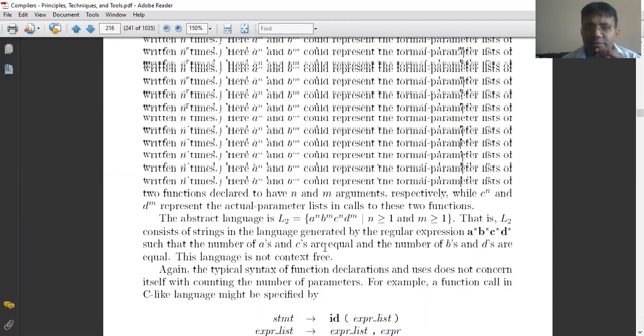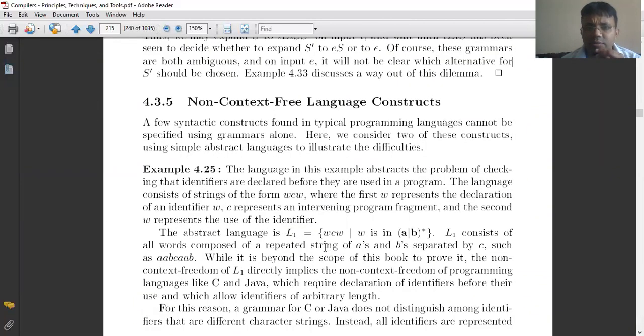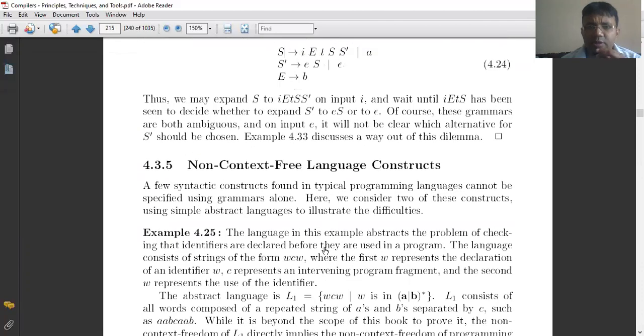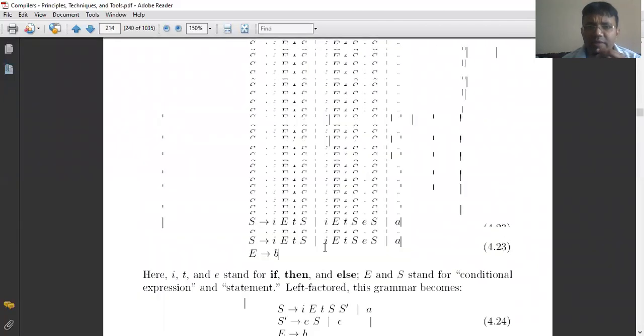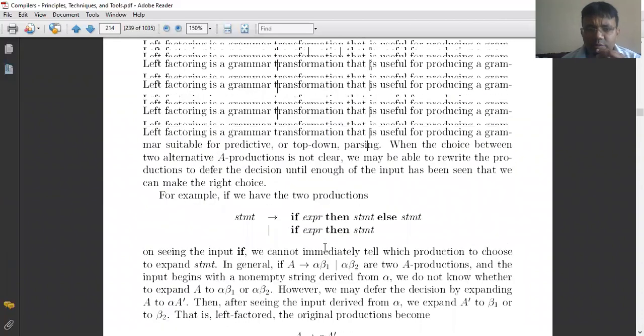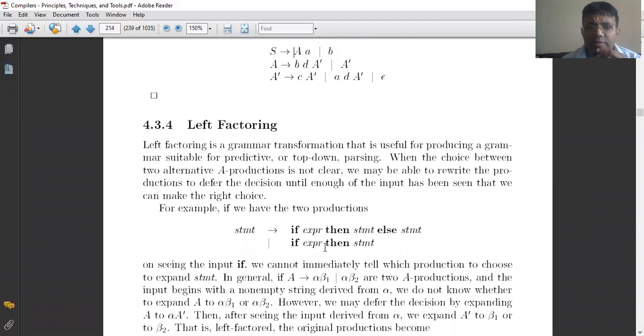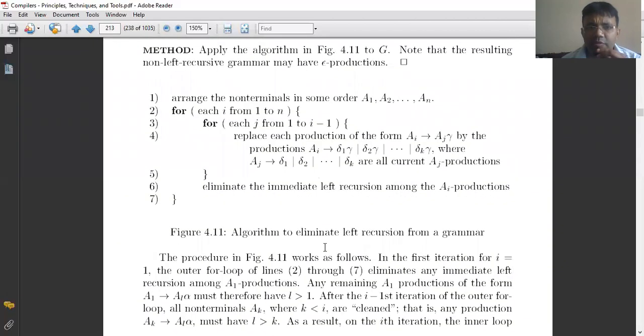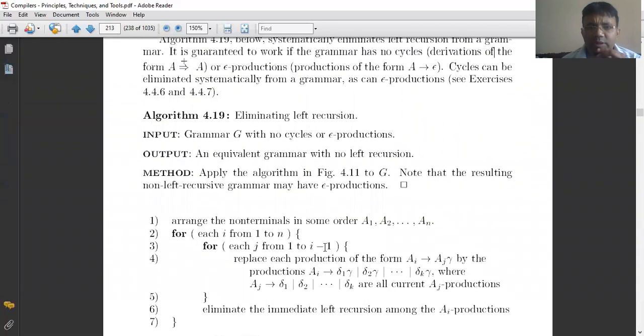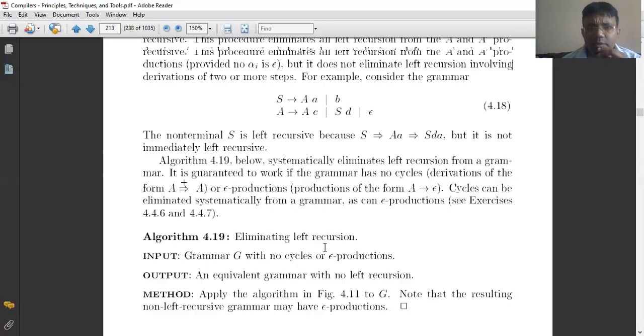We have to make sure that left factoring and left recursion are removed. This is the concept of left factoring, and before that we have the concept of eliminating left recursion, which is also important.